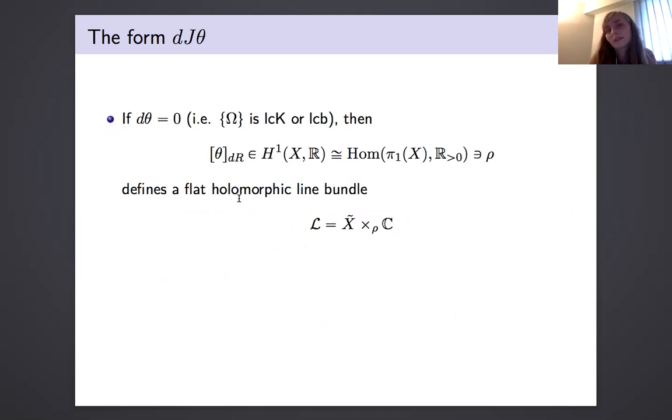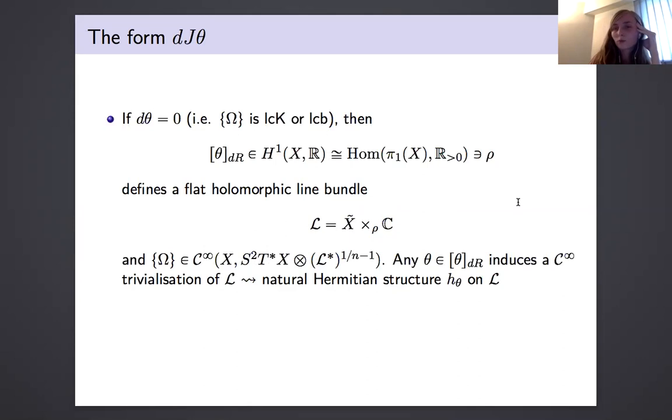It actually defines even a real flat line bundle, but then you can tensorize it by C and you have a holomorphic flat line bundle. And it's related to the metric in the fact that the conformal class can be seen as a section of the symmetric endomorphisms of symmetric forms on X valued in this line bundle. So this is the weight line bundle of the conformal class.